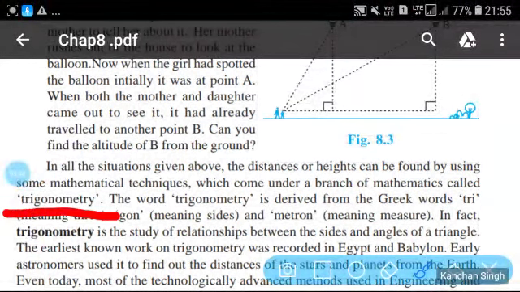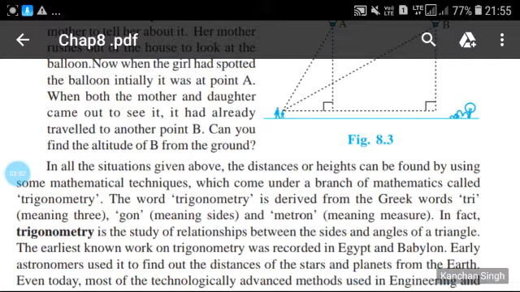The word trigonometry is derived from the Greek words tri, gon, and metron. Here tri means three, gon means side, and metron means measurement.